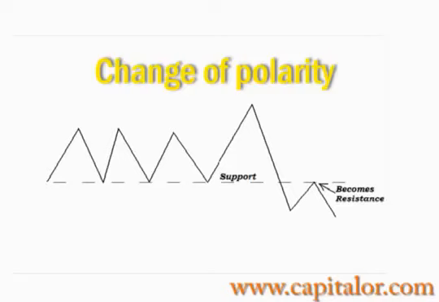Even though this pattern might be easy to remember, I will make it even easier by showing a simulation, and this simulation shows a resistance which then turns to a support.